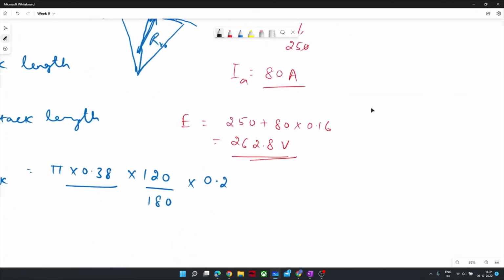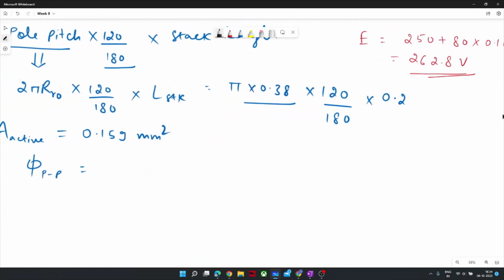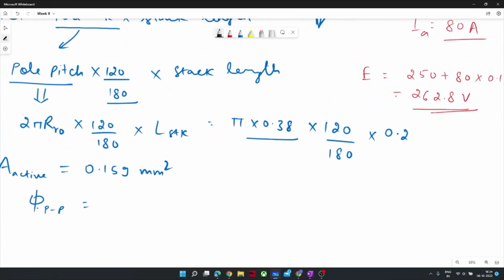And at the end, we will find this by putting B into A active by number of poles. We were asked to calculate this value BG.